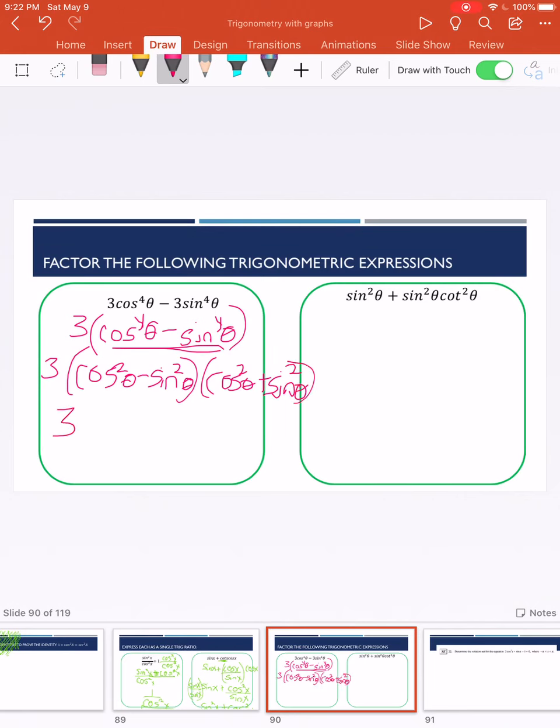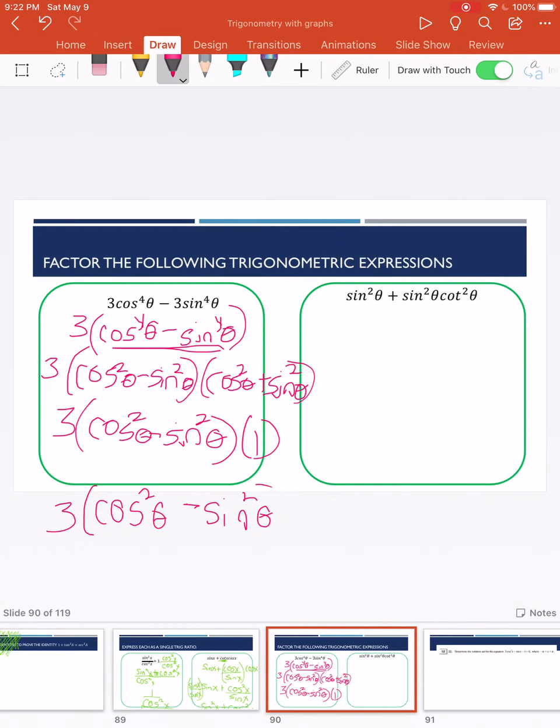Okay, so we can't really do anything with the cos squared theta minus sine squared theta, so it'll just stay like that. But the cos squared theta plus sine squared theta, we've just seen in the last 2 previous questions, that equals 1. So we can replace that with 1. And then our final factored answer is just cos squared theta minus sine squared theta.